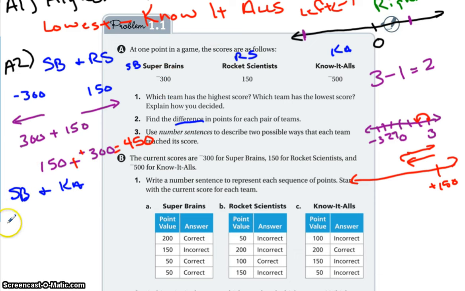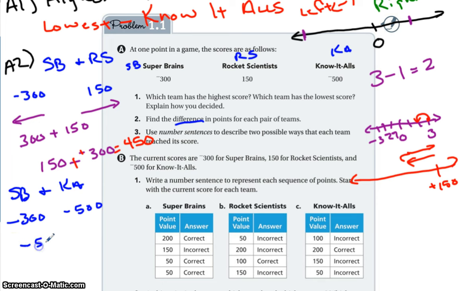Okay, so we've got -300 and -500. And so what's the difference there? Well, this is going to be the same thing. We're going to simply subtract. Okay, so both of these numbers are on the left side of 0, so we're finding the difference between these two. So it works very similar to how positive numbers work.